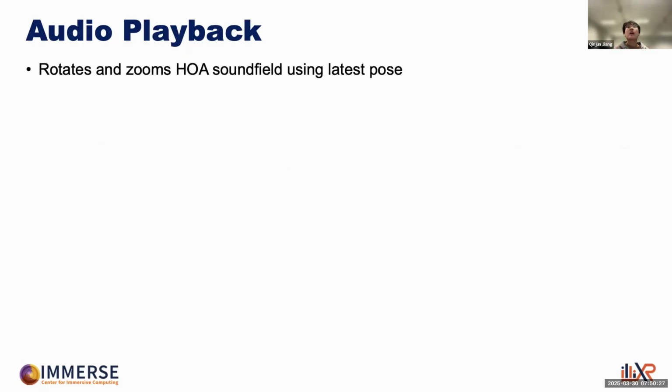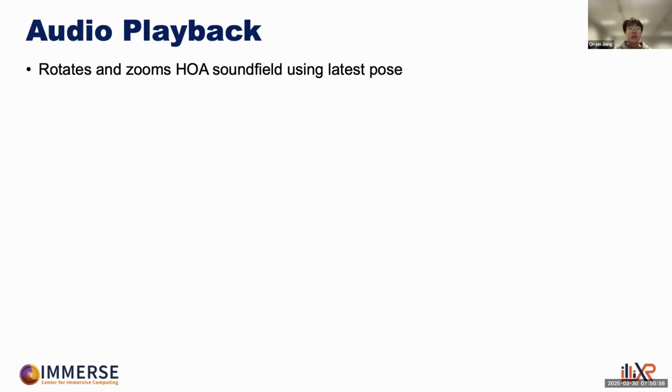And we have to rotate or zoom in, zoom out the HOA sound field based on the user's latest pose, right? This is very important because if there's a mismatch between the audio cue and the visual cue, for example, if the user sees that the audio source is moving away from themselves or moving closer to themselves, but the sound effect is still the same, that just greatly breaks the immersion.